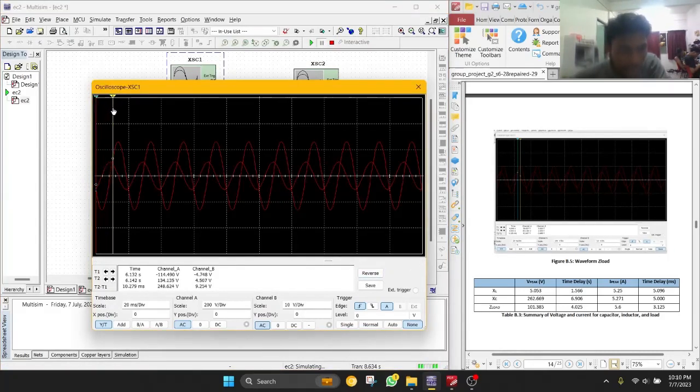Then we check this one, then we hit the Y max button. So the Y max is 262, so the V peak is 262, which is this one. Then to get the I peak at XC, we move this, and then we click on the waveform. So we go here, then we go to Y max, so it sits on the max of the I waveform.